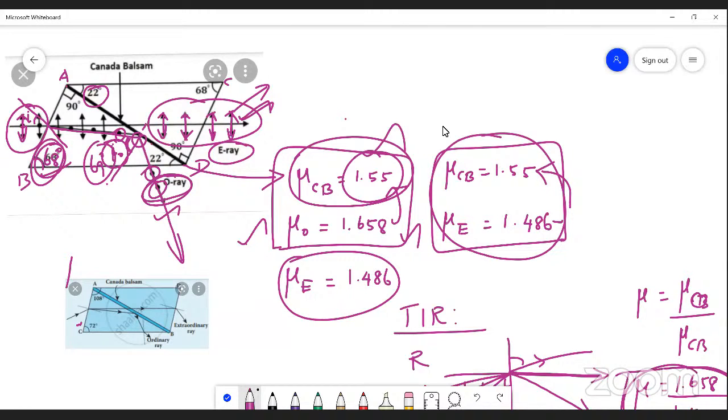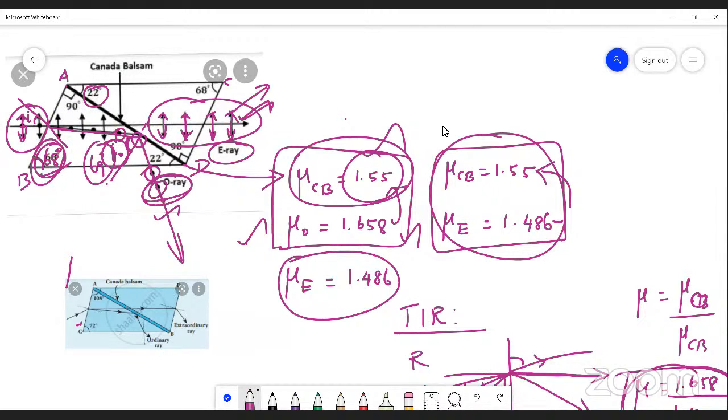No, sir. Just take notes, it's very, very important. When the angle of incidence is greater than the critical angle, the ordinary ray is totally reflected. It is not transmitted. It is an important condition and a key point also. Just take notes.